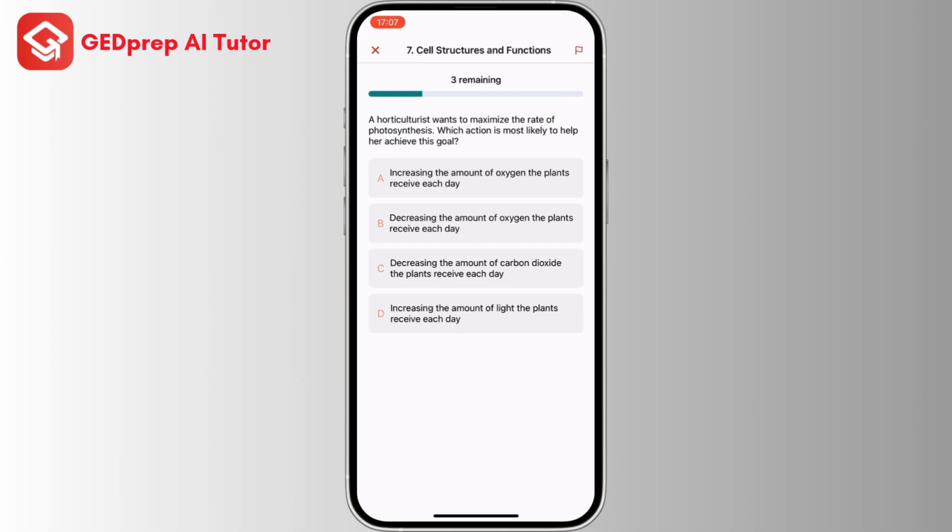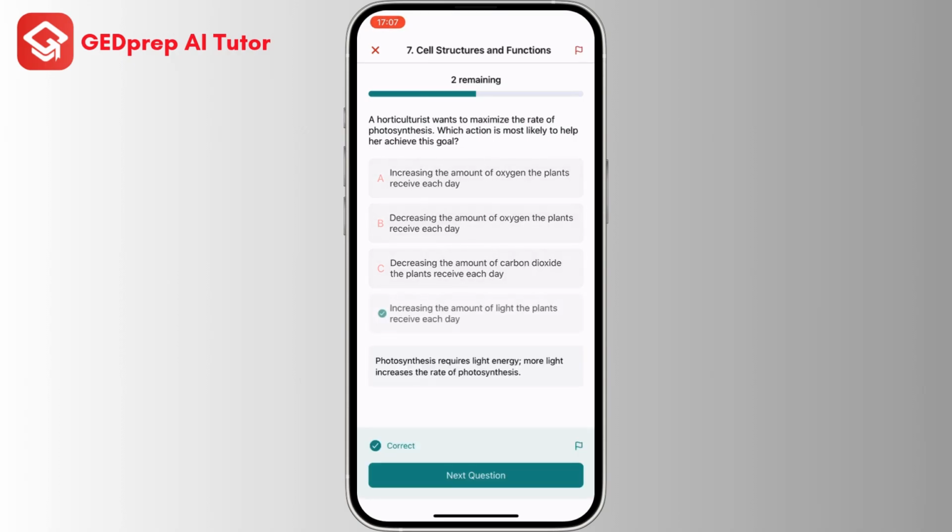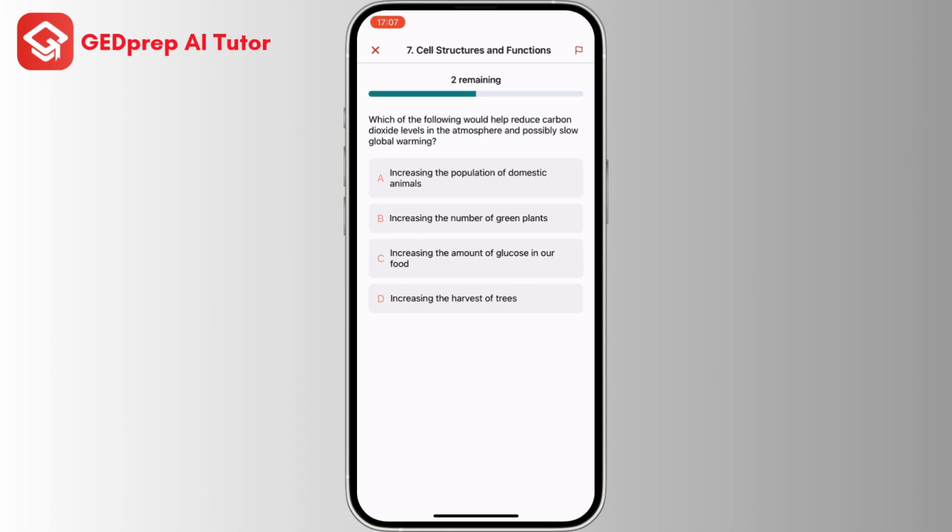Increasing the amount of light the plants receive each day. Option 4. Decreasing the amount of oxygen the plants receive each day. The correct answer is Option 3. Increasing the amount of light the plants receive each day. Explanation. Photosynthesis requires light energy. More light increases the rate of photosynthesis.